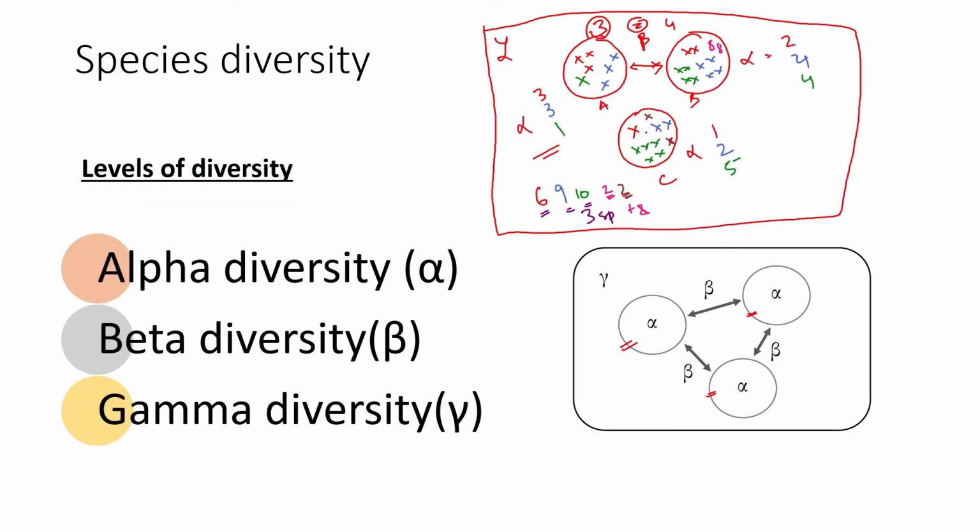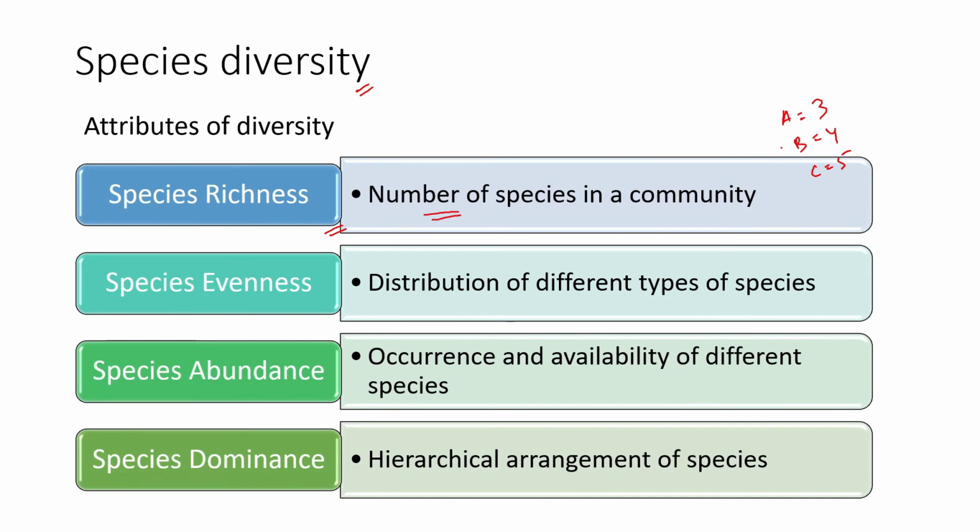So in C the species richness is 5. You can see these differences are about different attributes.